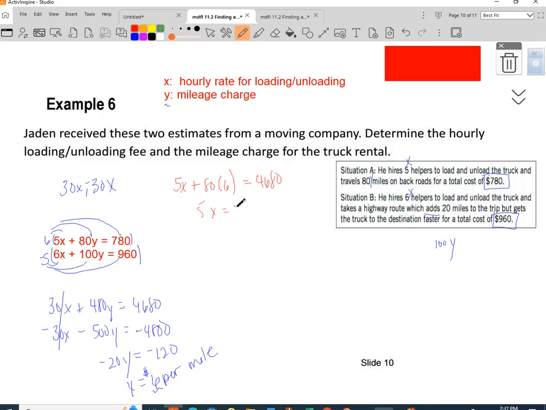I've got way too many equal signs there. That one's not an equal sign, that is a plus. 5x plus 480 equals 4680. I'm going to subtract 480 from both sides. Now I know that 5 times x equals 4,200. Now I'm going to divide both sides by 5.